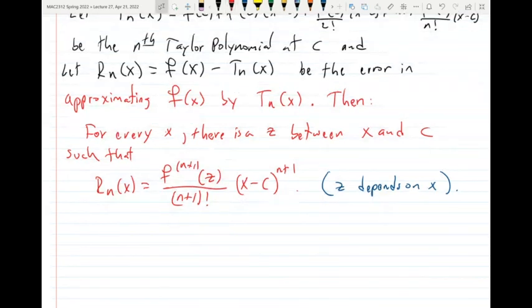So this is what Taylor's theorem says. The proof of this you have the knowledge to understand, but it's a little bit long, and I think it's not worth discussing. But it's in the book, and you will be able to understand it if you go through it and pay attention to the details. The heart of the proof is to use Rolle's theorem, which you learned back in Calculus 1.